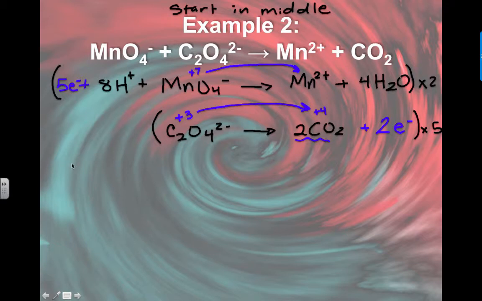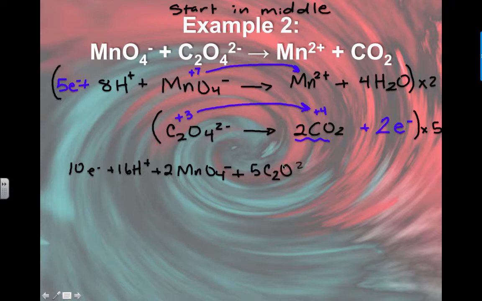So my top equation is multiplied by 2: 10 electrons plus 16 hydrogens and 2 permanganate ions. And I'm going to go ahead and add it to the next one. I multiplied my bottom equation by 5, so I have 5 oxalate ions in the bottom half reaction.